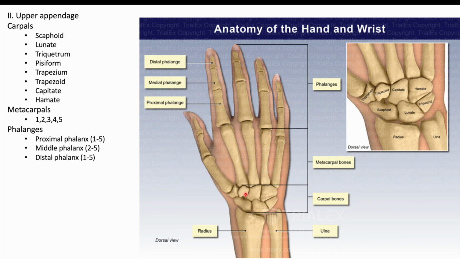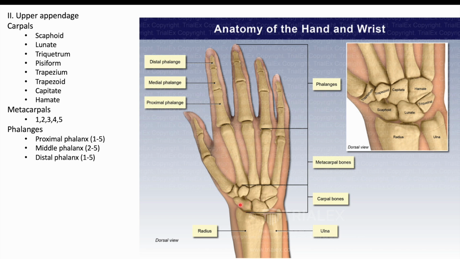All right, and then up on top, this is going to be called the trapezium. Moving next to it is the trapezoid. Then we have the capitate, and then we have the hamate. So going again, starting from right to left.